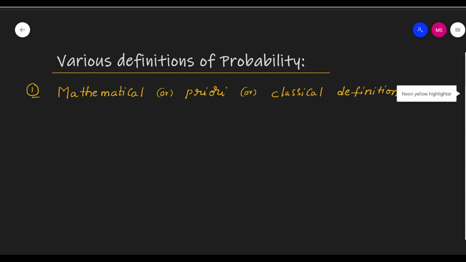Okay, this is the first definition. What is that? The mathematical, or a priori, or classical definition of probability.